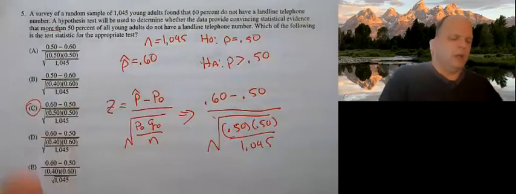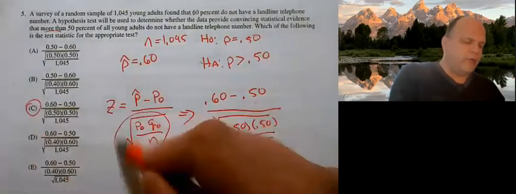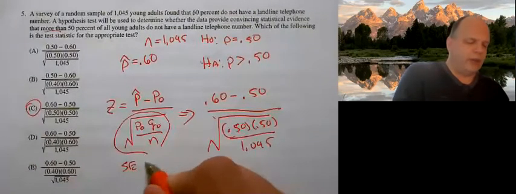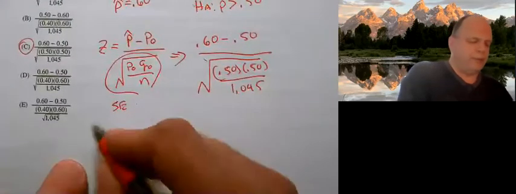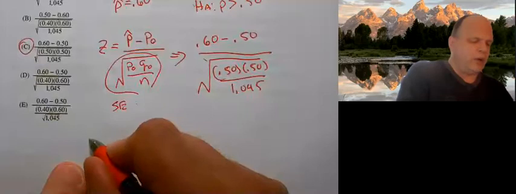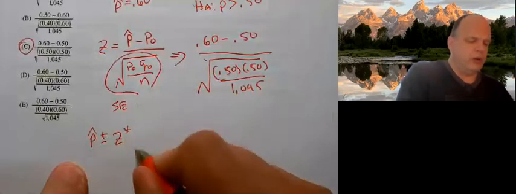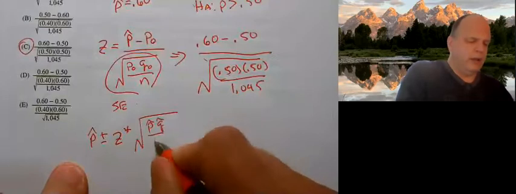Now, please note, this is the standard error for a hypothesis test. So that's the standard error for a hypothesis test. Had they asked for a confidence interval, it would have been different. We would have gone p hat plus or minus z star times the square root of p hat q hat over n.